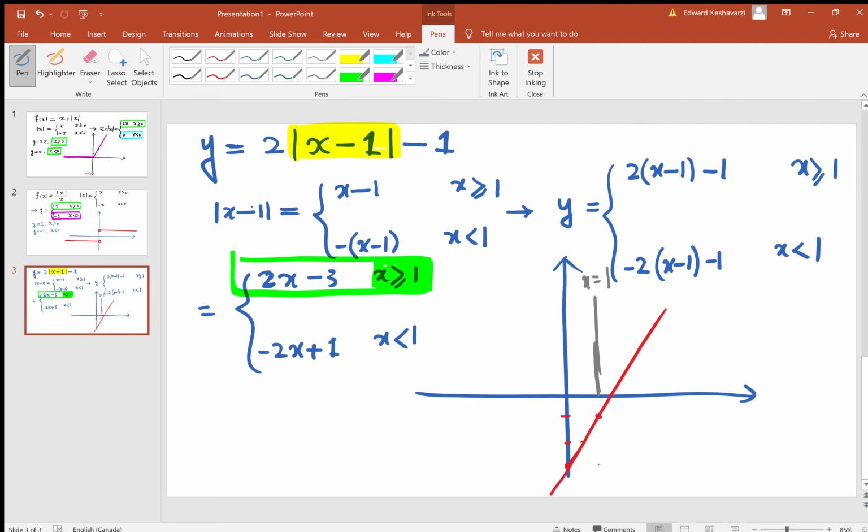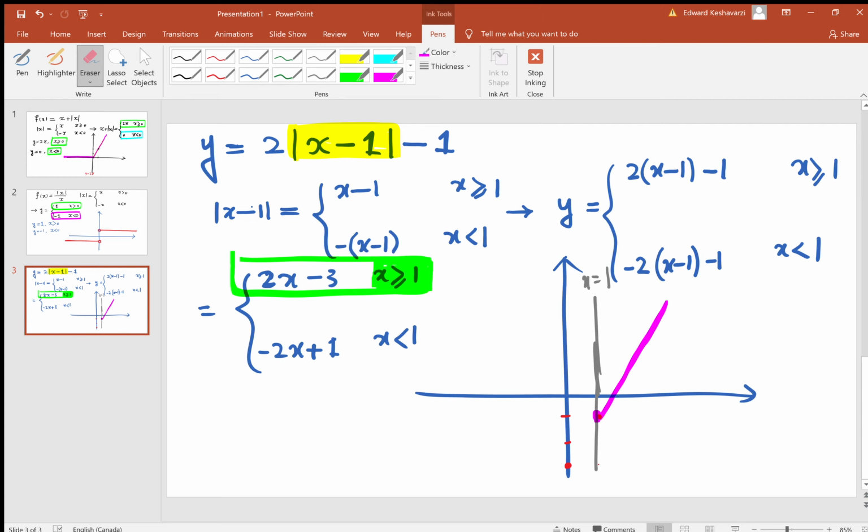So since x is larger than or equal to 1, I'll keep what I see at the right side of x equals 1. So therefore, I will keep this part, which indicates x larger than or equal to 1. And then I'm going to erase the rest of that.